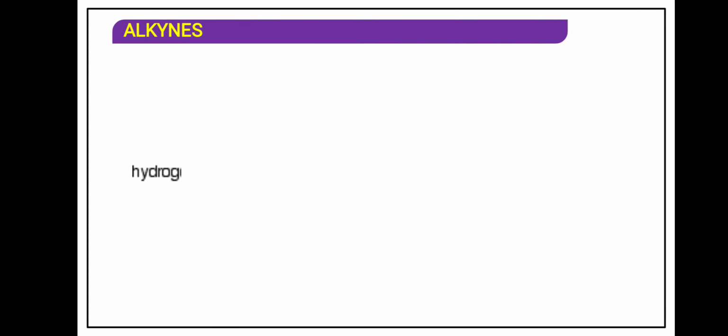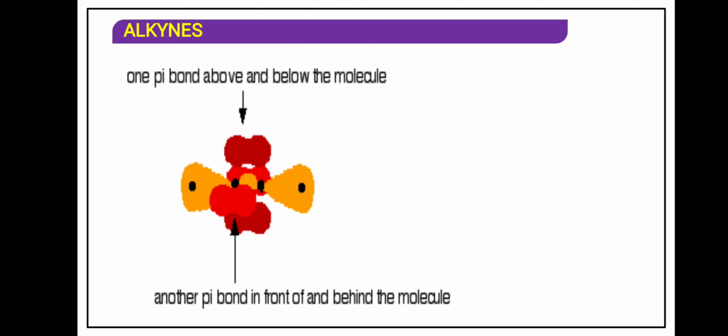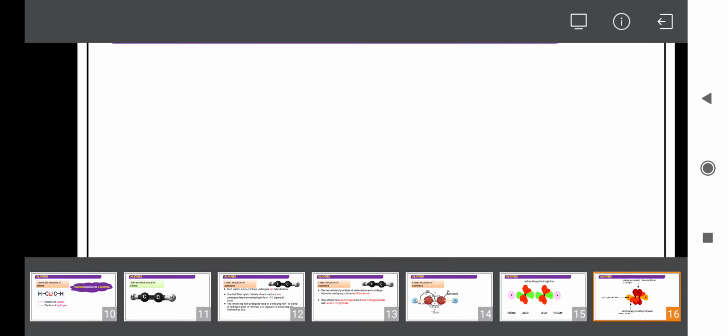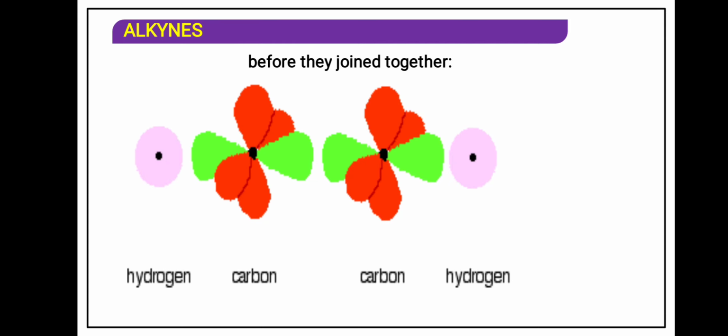See, hybridization. You can see very nicely, this is the orbital of hydrogen, this is the orbital of carbon. This red one is unhybridized, and this green one is px, and the red one is py and pz before joining.